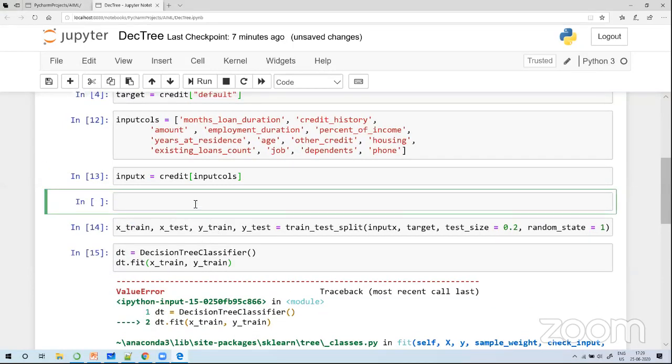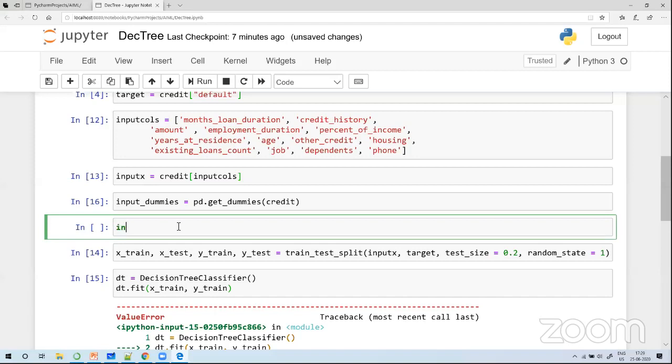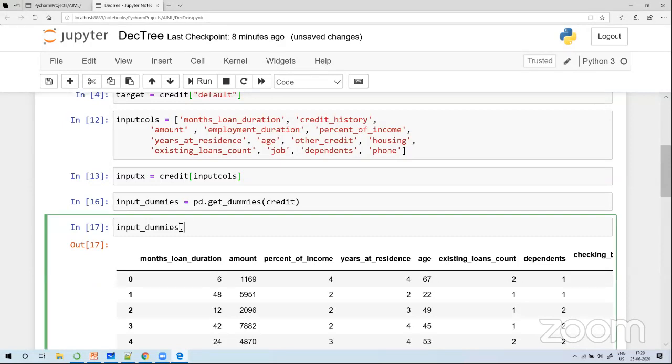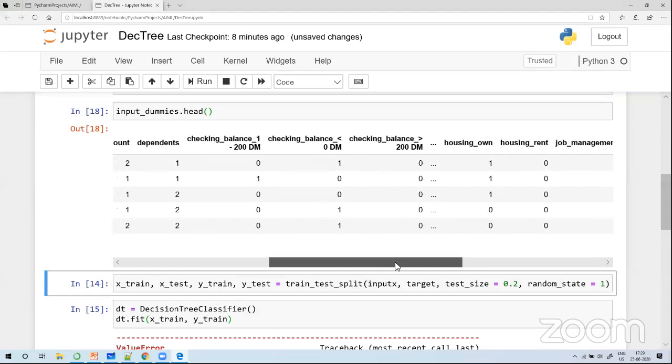So let's do that. We created most of them to dummies.